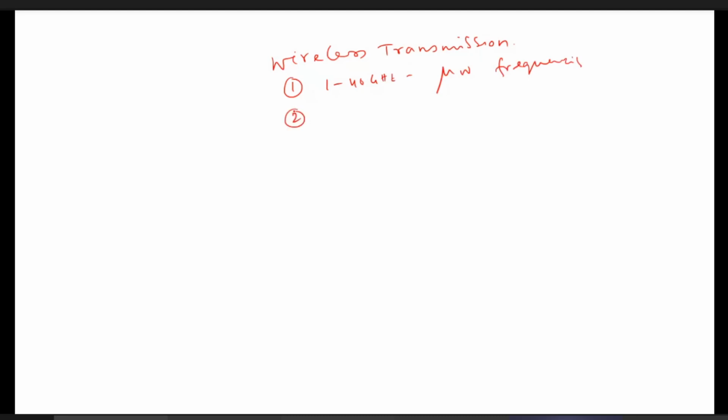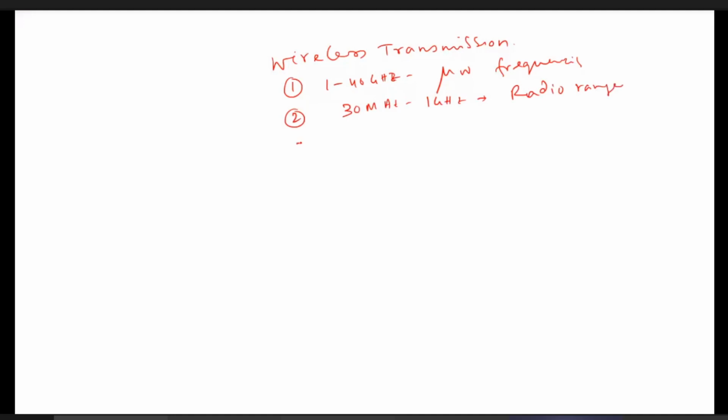Another one is 30 megahertz to 1 gigahertz, that is the broadcast radio range. That is the microwave range, and this is the radio range.